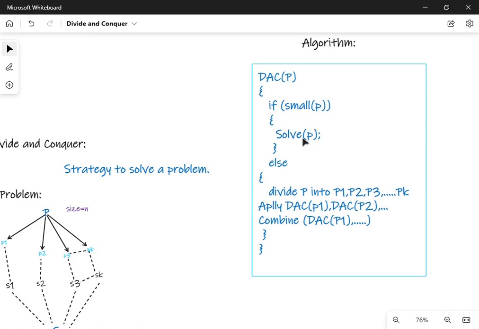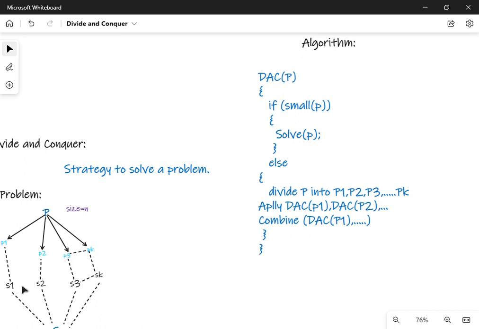You don't have to break small problems into pieces because it is already small, so you just have to solve it. But if it is big, divide it into subproblems like this. Apply divide and conquer on the subproblems P1, P2, P3 and so on up to Pk. Combine DAC(P1), which is S1, and all of S2, S3, Sk, and we have the solution for the main problem.